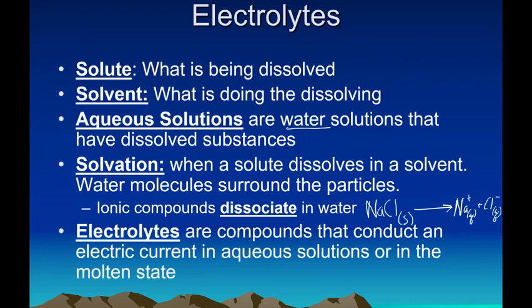Now, electrolytes are compounds that conduct an electric current in aqueous solutions. So ionic compounds are electrolytes because they're going to conduct electricity when they are dissolved in water, when they're in aqueous solution or in molten state.